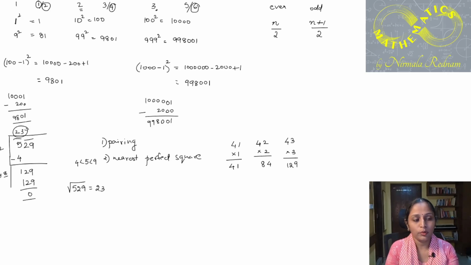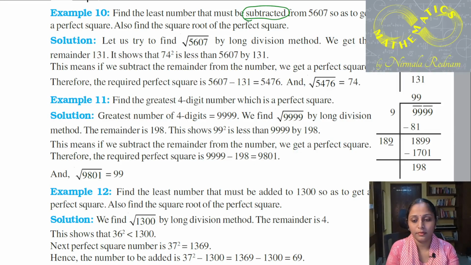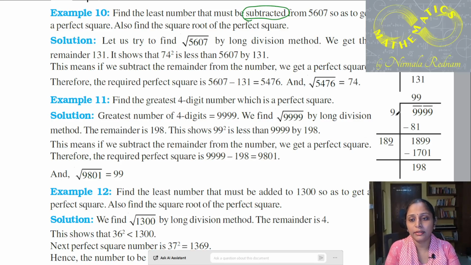Or another way to look at it is you take 2 plus 2, right? Or you say double of the number that you're getting over here. So, they got the remainder as 131, which means that 131 has to be subtracted.